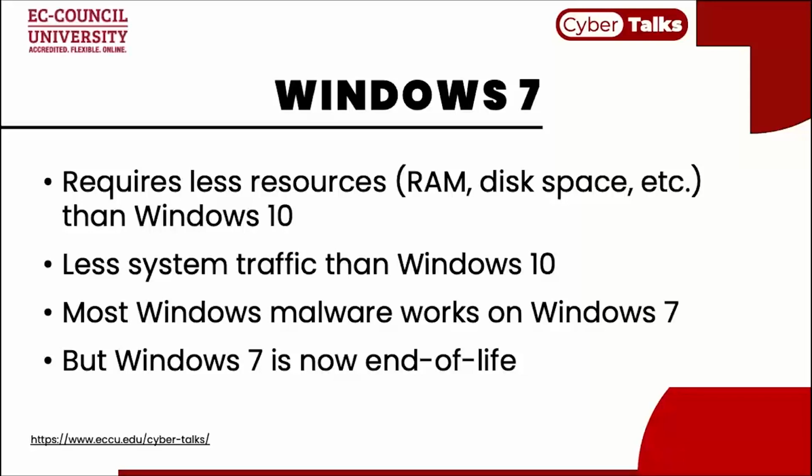Now, most malware does work on Windows 7, so Windows 7 is not a bad choice. It just may not be the best choice depending on which malware that you are trying to check. I generally do not test malware in Windows 7 unless the situation requires it.